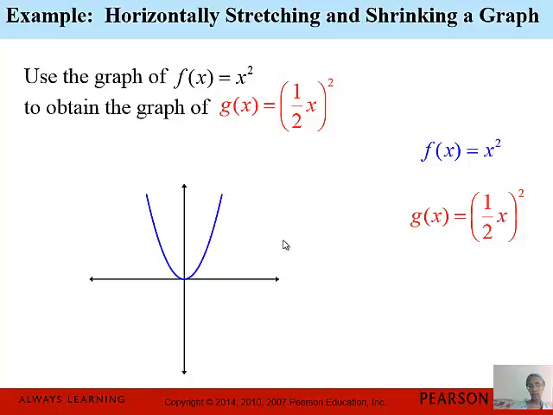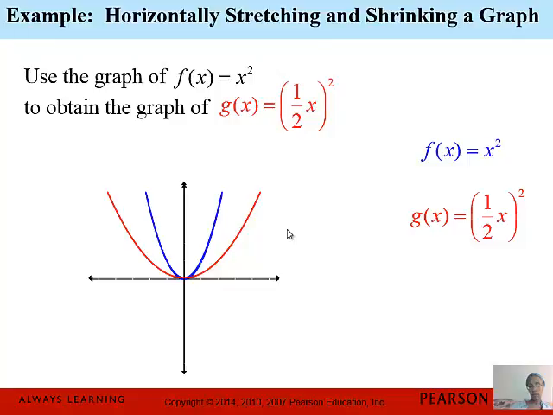Now, when we talk about stretching horizontally, you're holding the tips of the graph and you're stretching them out to the sides. So you're actually pulling them away from the middle when you're stretching. When you're shrinking, you're pushing them in toward the middle. So, in other words, the red graph is going to be wider than the blue graph when we have a horizontal stretch, as we have here.